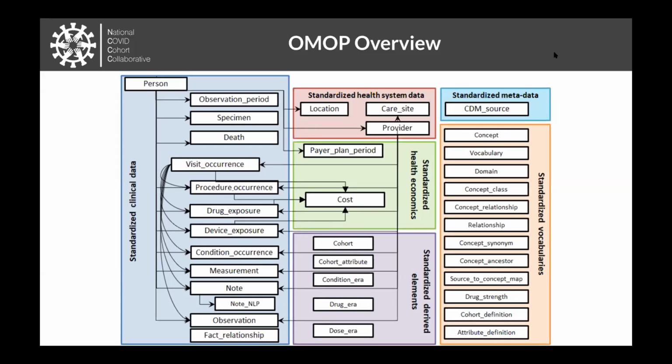So as you go down, some things are pretty standard among most models. We have a place to store information about visits, otherwise known as encounters, procedures, drugs, conditions, measurements, all those things that are pretty typical across the models, as we've seen as we've started to look at PCORnet and ACT and i2b2 and TriNetX.